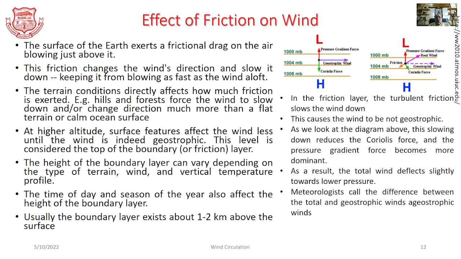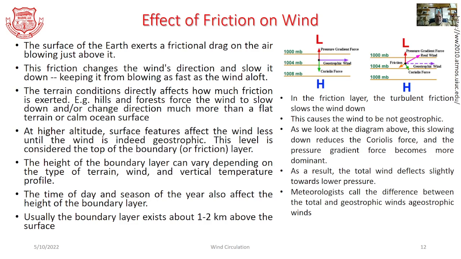At higher altitudes, the surface features affect the wind less, until we can treat that wind to be geostrophic. The altitude up to which such effect exists can be considered the top of the boundary layer.